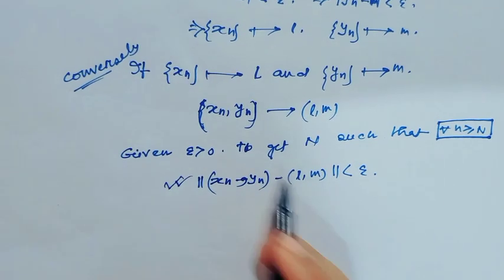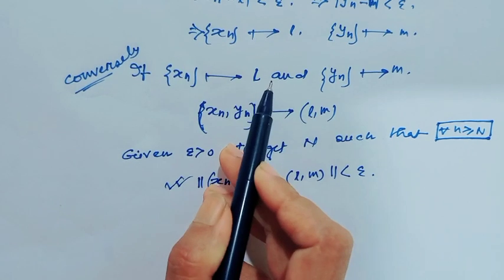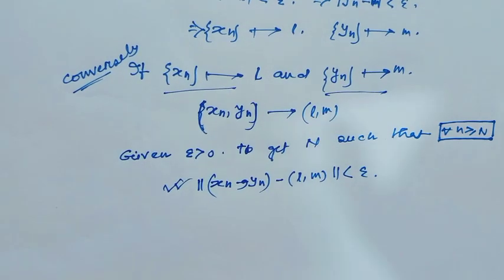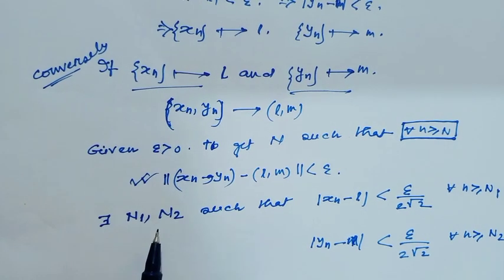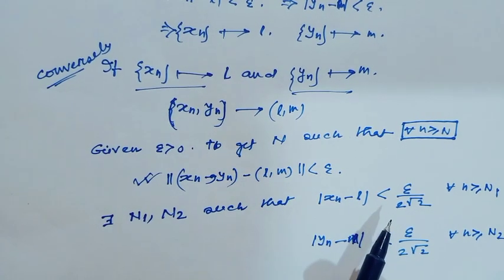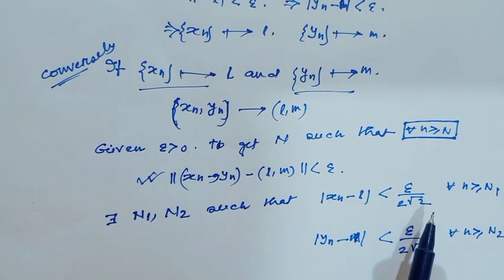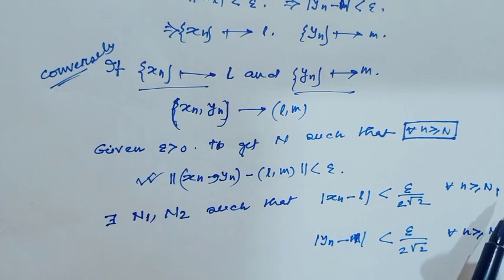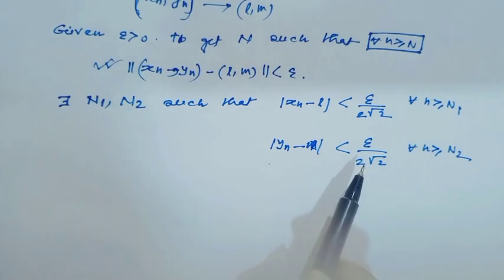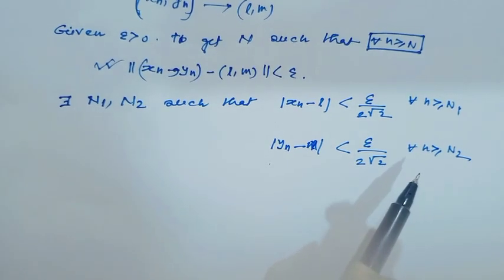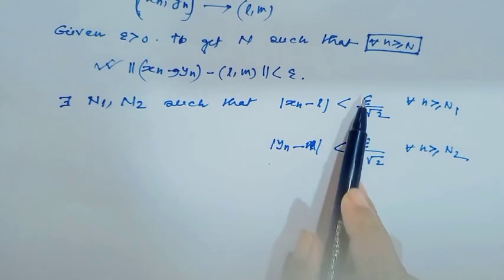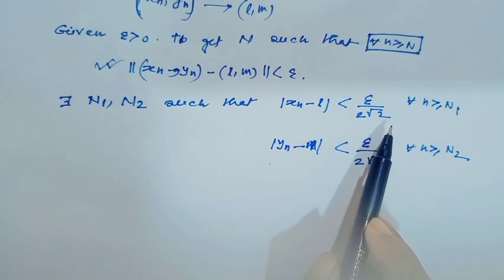Given that xn goes to L and yn goes to M, consider there exist n1 and n2 such that the absolute value of xn minus L is less than epsilon over 2 square root of 2 for all n greater than or equal to n1, and the absolute value of yn minus M is less than epsilon over 2 square root of 2 for all n greater than or equal to n2. Here I have considered epsilon over 2 square root of 2 just for easy calculation.